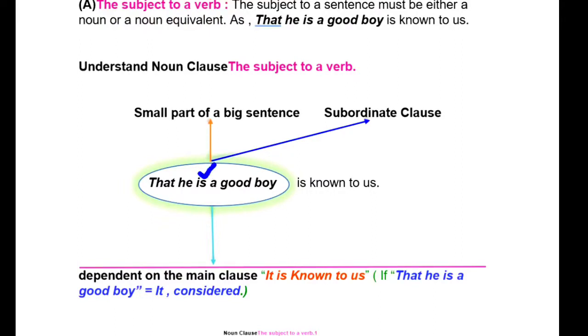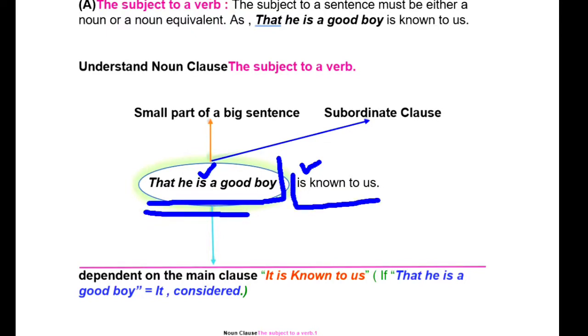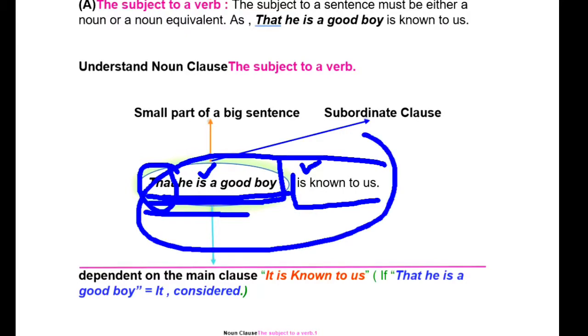Now if we examine this sentence, we can easily see that there are two clauses because there are two finite verbs, one each in the first part and in the second part. So "that he is a good boy" is a clause, and "is known to us" is a clause. Here the connective, the conjunction "that," is introduced.